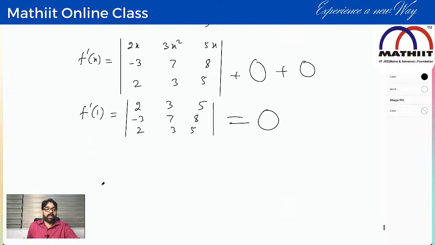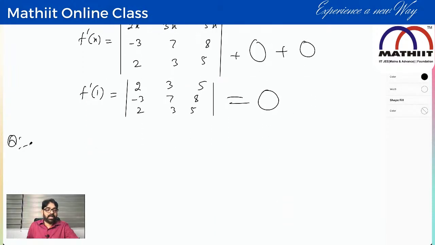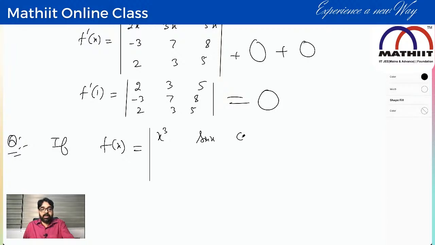Right? Now one question, a JEE question was asked. Look, see how simply they ask. Write the question. If f of x equals the determinant of x cube, sin x, cos x, 6, minus 1, 0, p square, pq.